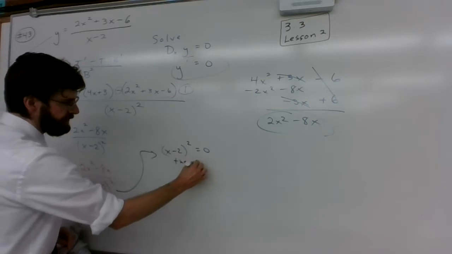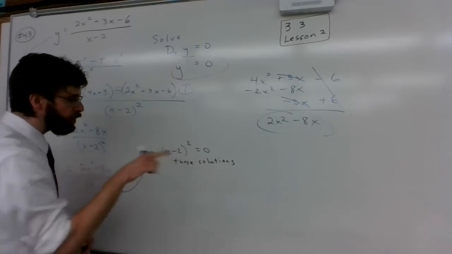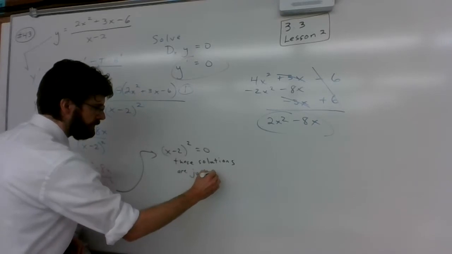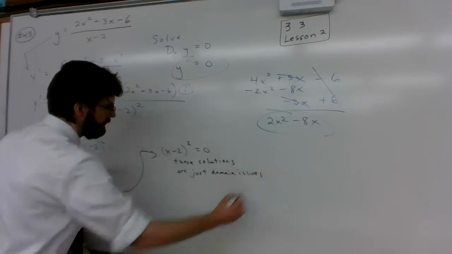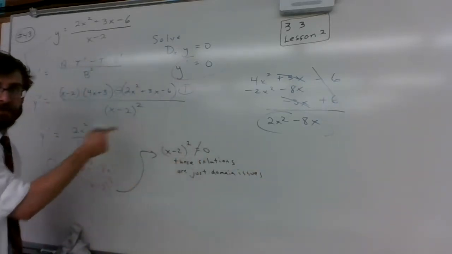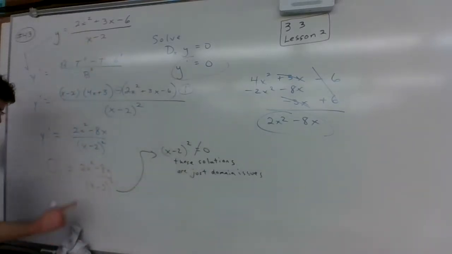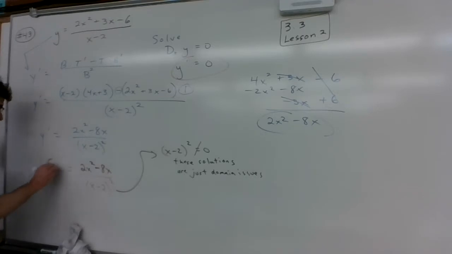The solutions to this equation are just domain issues. You can't be that value. So what you do is you'd say disregard the denominator. Disregard that and solve the equation 2x squared minus 8x equals 0. These will give you the zeros to that equation that you're looking for.